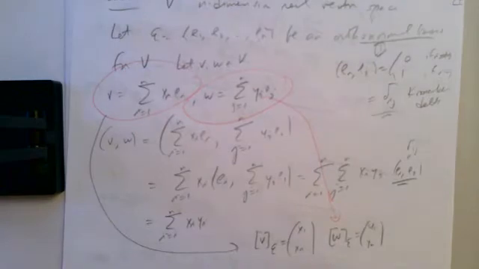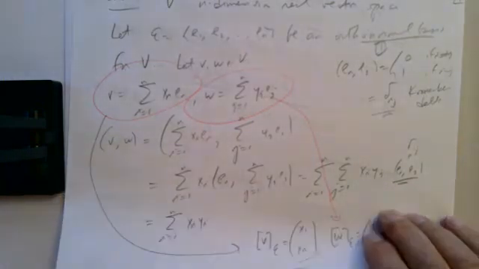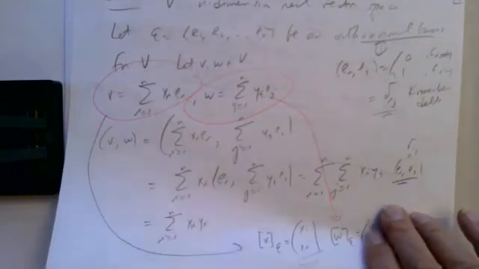So if I have an orthonormal basis and I represent every vector by its coordinate vector, the inner product of v and w is just the standard inner product of this vector in Rn and this vector in Rn. So linear algebra in an inner product space becomes very familiar if you have an orthonormal basis.